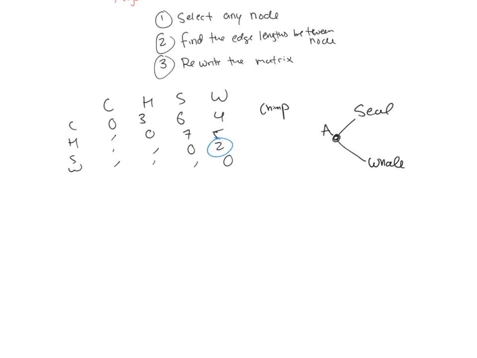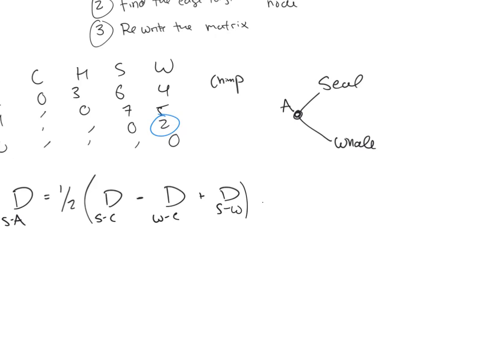So essentially what I want to do is the distance from seal to A, so I'll do SA, it's going to equal 1/2 times the distance, and I pick some random point. So here I picked chimp, so I'm going to say the distance between seal and chimp, and then minus the distance between whale and that same thing, whale and chimp, plus the distance between seal and whale, and that equals 1/2.